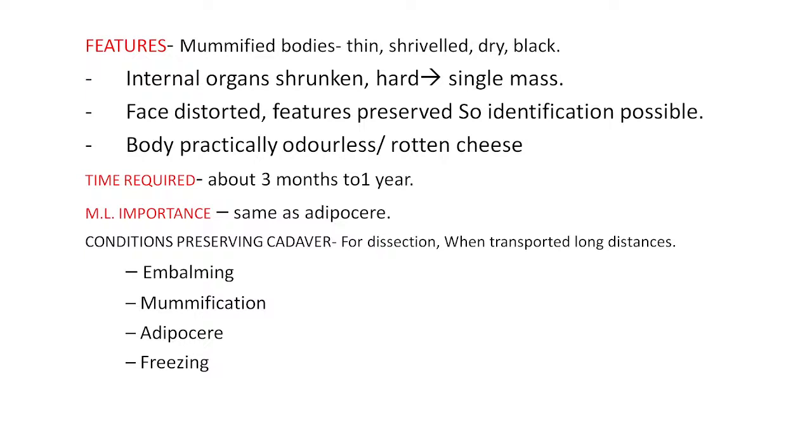Then what are the features of mummified body? It will be thin, shriveled and dry and black in color, right? So all the internal organs will be shrunken, they will be dark in color, and it is possible all the organs will fuse with each other to form a single mass. Kidneys, liver, pancreas, stomach, so all these organs can fuse and form a single mass.